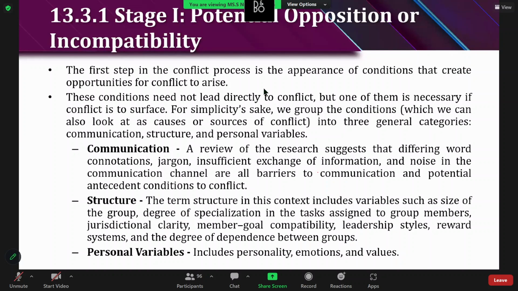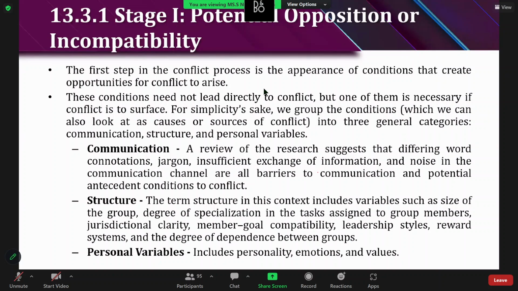They will say something opposite to the first opinion, or the opinion suggested by someone else. If the nature of the personality is so, then obviously there's a chance for the conflict to arise.